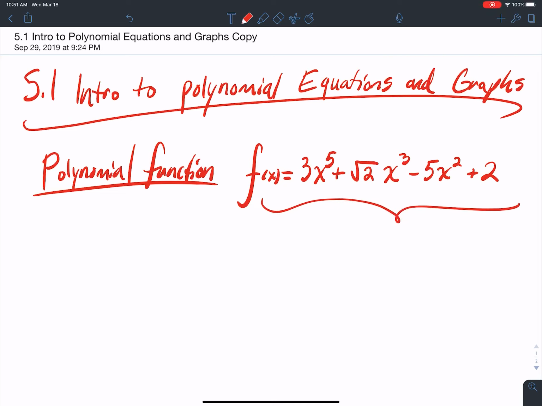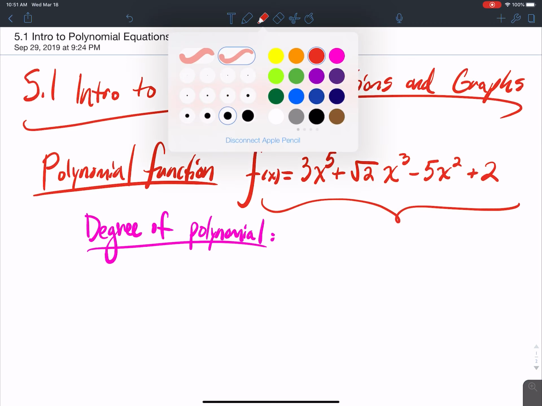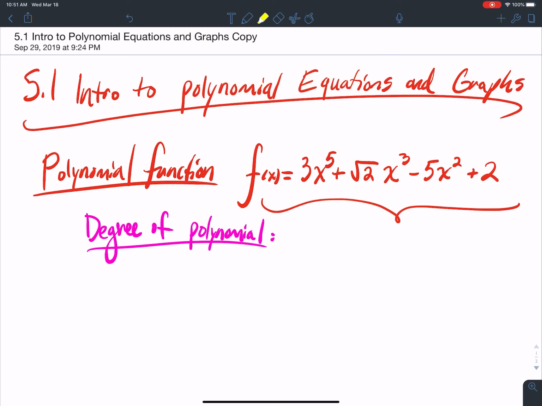Now, you might be asked, what is the degree of the polynomial? To determine the degree, what do we do? We look at the highest powered term, okay?